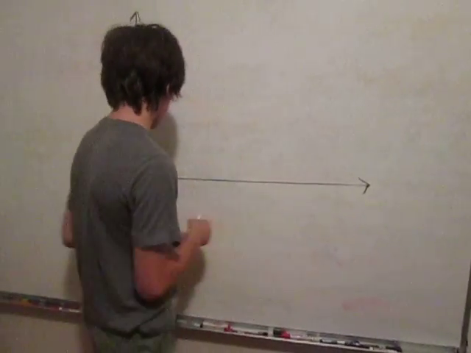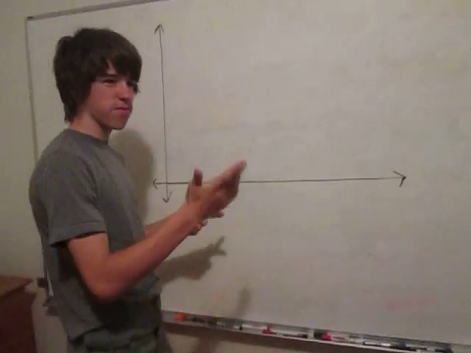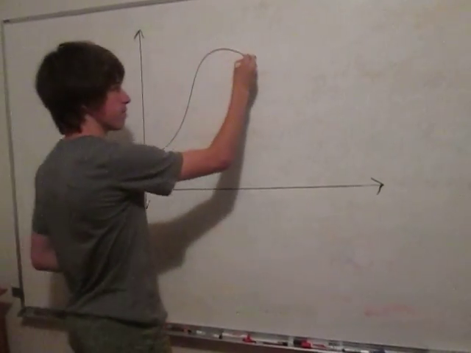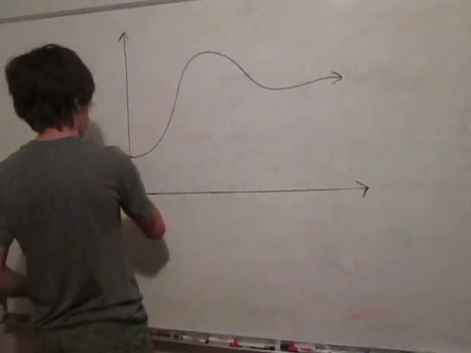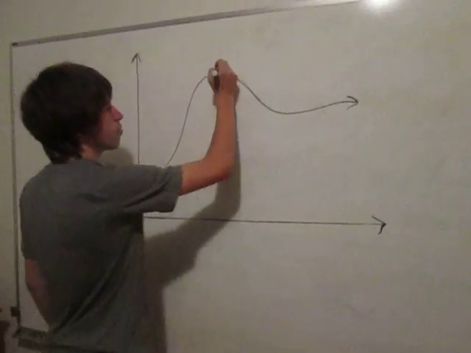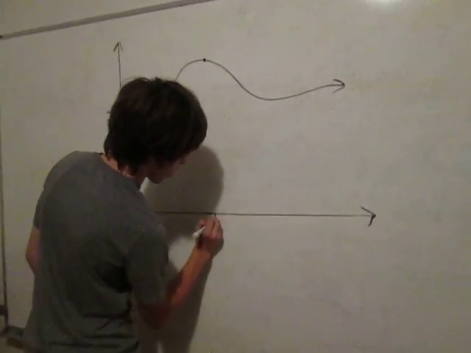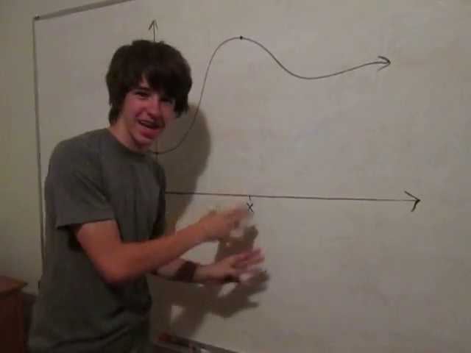Now let's say we just have some function here. It doesn't even really matter what the function is. It's just some function that we're uncertain about. And we have 2 points. We have a point, which we will call x, but this is not any x, this is the x.